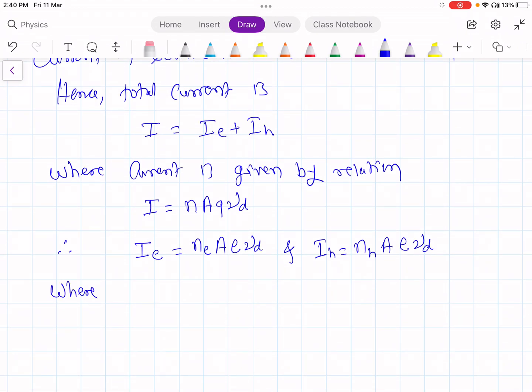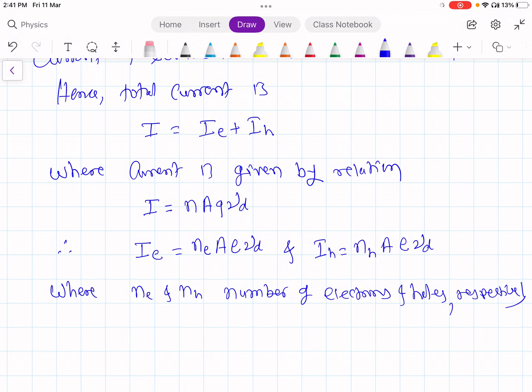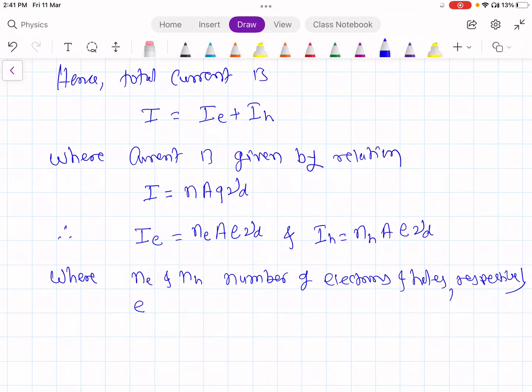In the above equation, Ne and NH are the number of electrons and holes respectively. e is the charge on electrons and holes.